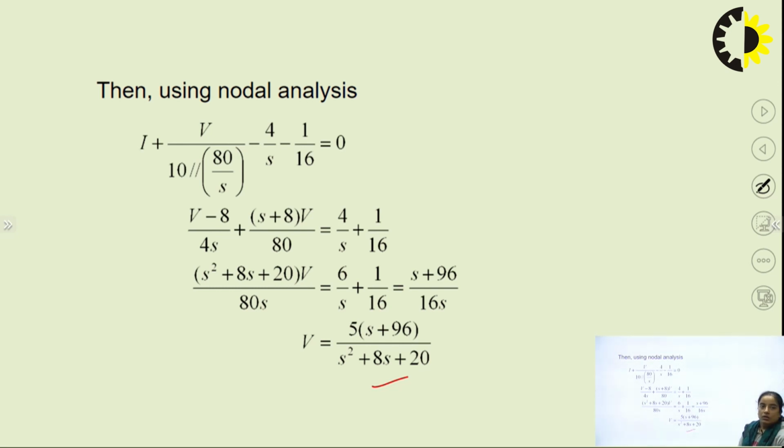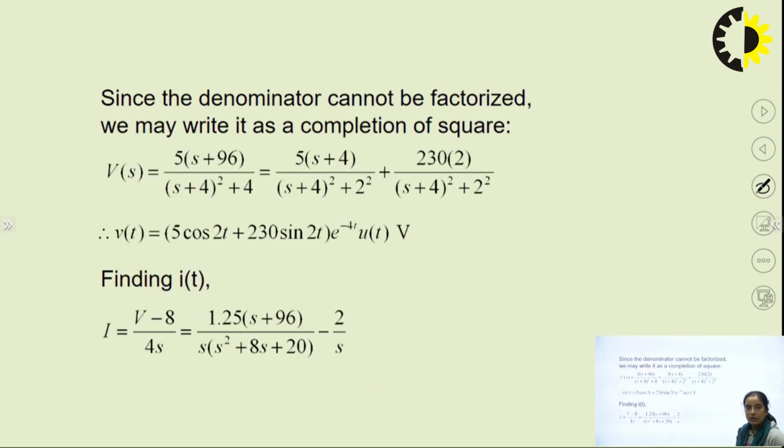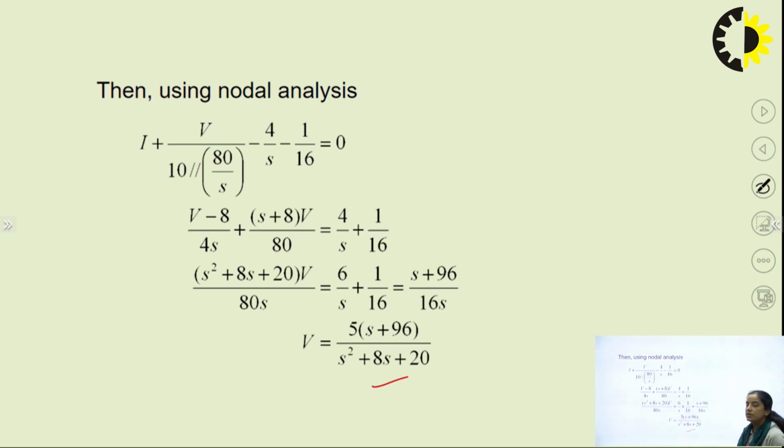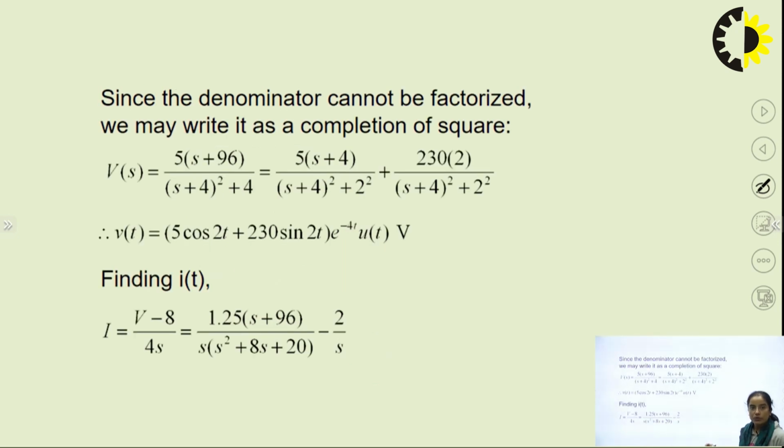Since it cannot be factorized easily, you need to write it by completion of the square. We need to calculate the voltage in the time domain. So V(s) is (5s plus 96) over ((s plus 4) square plus 4).